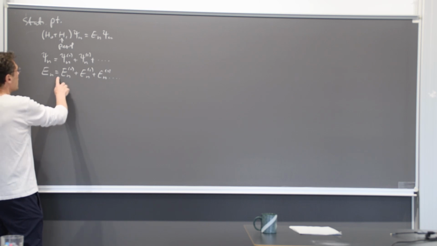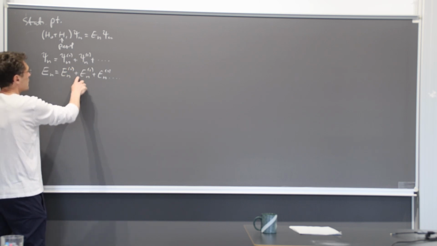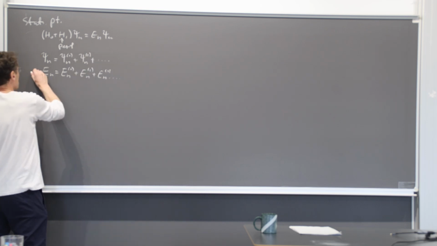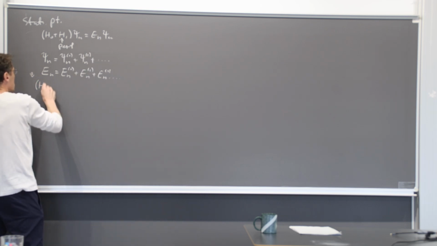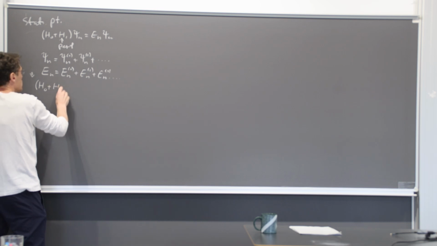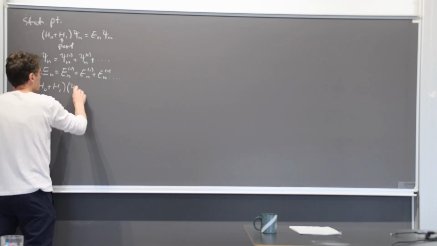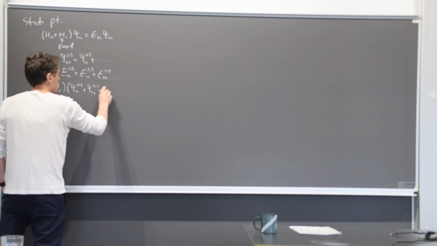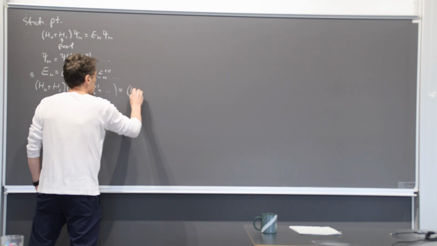So what I'll do is I will plug these expansions into this and this first of all. So H0 plus H1 on all of my terms here, plus plus plus equals, like this.